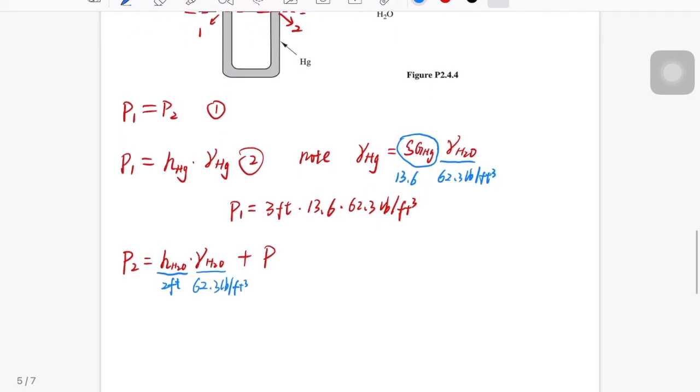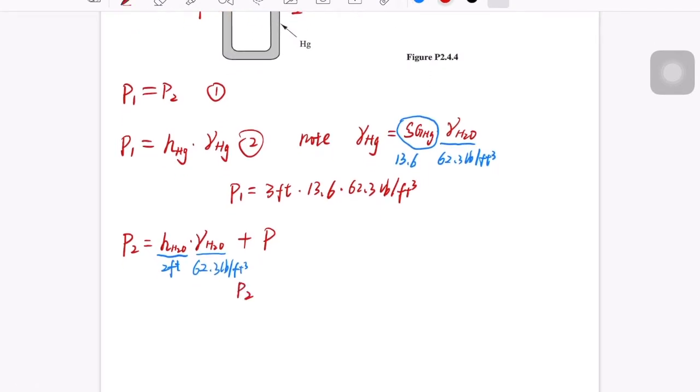So now we can write P2. Oh, I forgot, this is equation 3. P2 equals 2 feet times 62.3 pounds per cubic foot plus P.